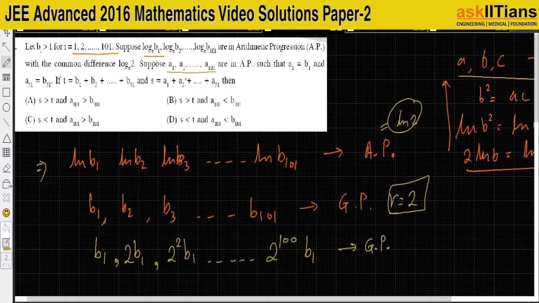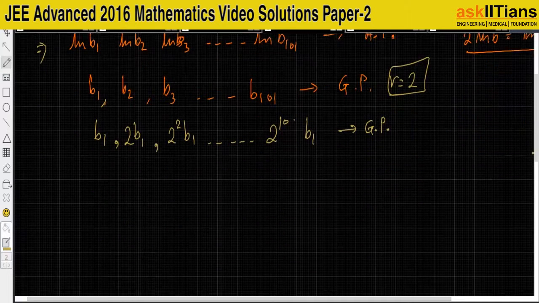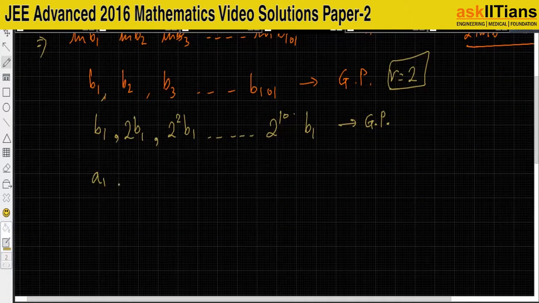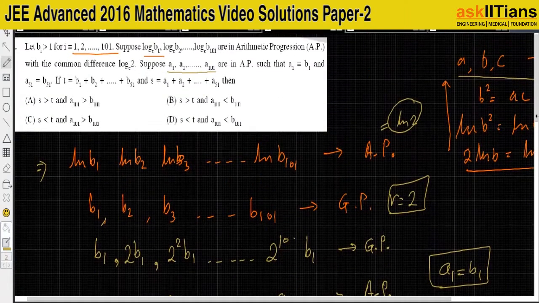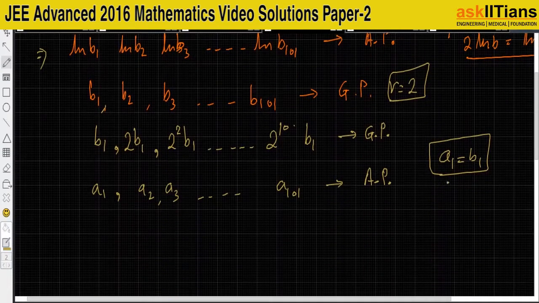It is also given that a1 to a101 is an AP such that a1 is equal to b1. So there is another series, a1, a2, a3 till a101, which is an arithmetic progression, and the first terms of these two series are equal: a1 is equal to b1. Also it is given that a51 is equal to b51. So what will be a51?